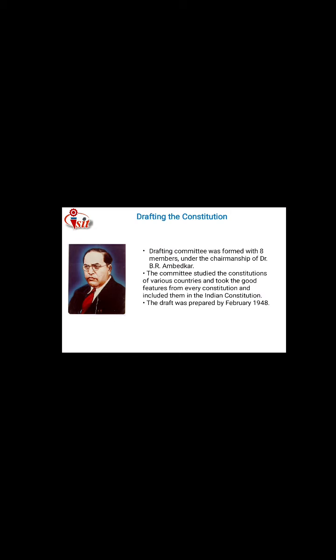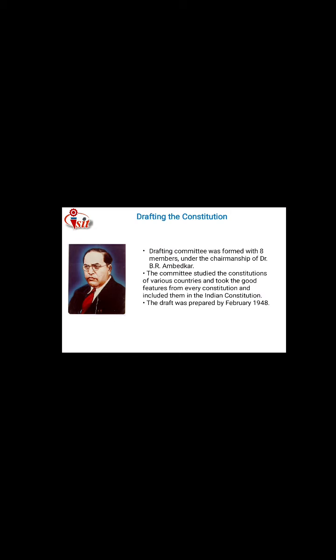Next one in the figure is Dr. B.R. Ambedkar, the chairman of the drafting committee. The drafting committee was formed with 8 members under the chairmanship of Dr. B.R. Ambedkar.